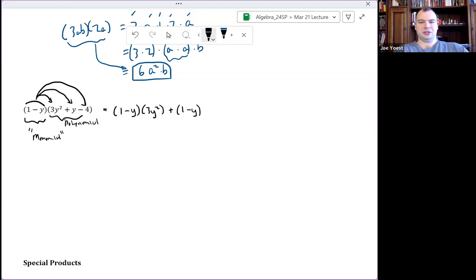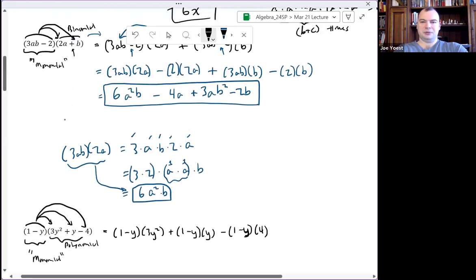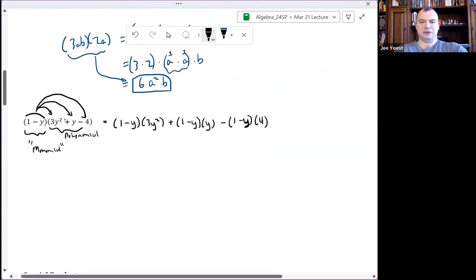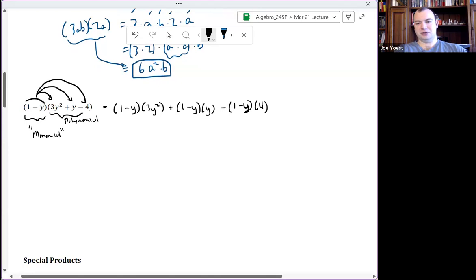So 1 minus y distributing to the 3y squared, I have a plus 1 minus y times y, a minus 1 minus y times 4, same distributive property that we used up above. We just have 3 terms in our polynomial now instead of 2 terms in the binomial.